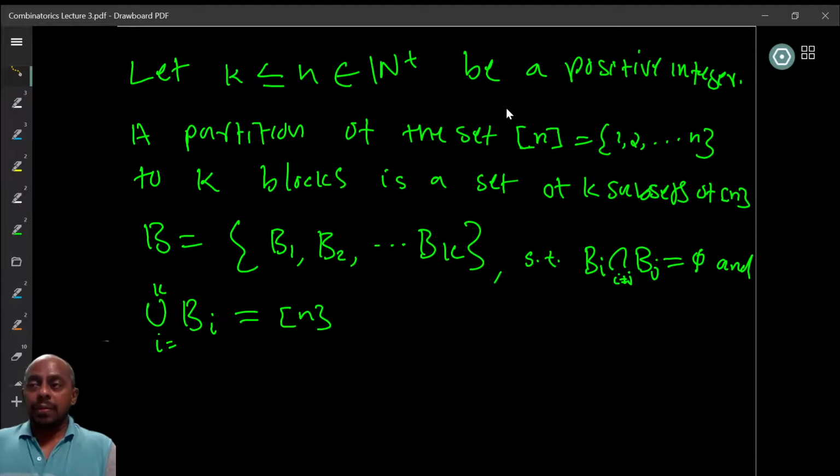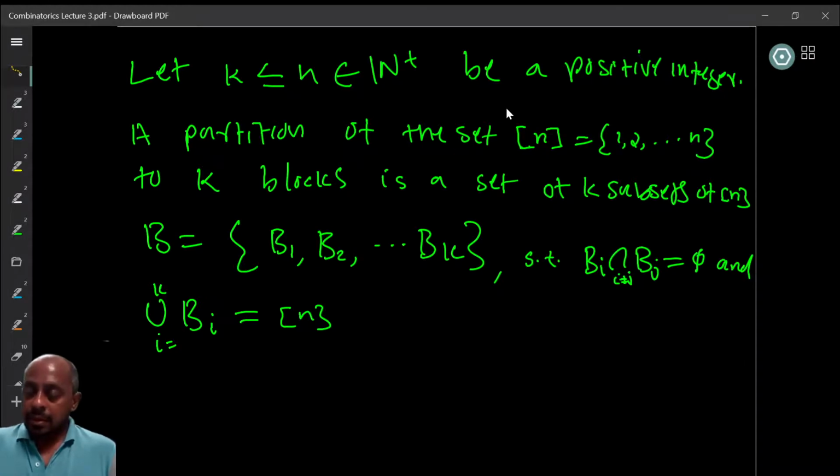And now we want to find the number of possible such partitions, the number of partitions of the set 1 to n into k blocks with this property. So we want to count them.